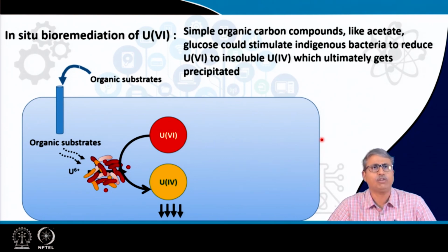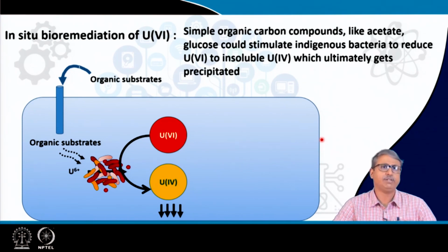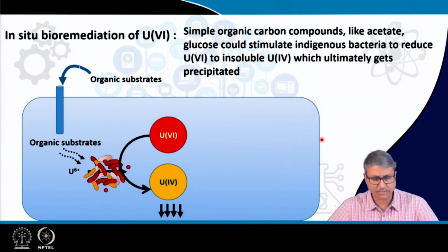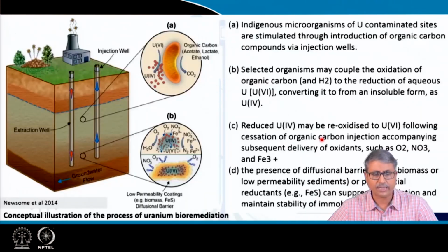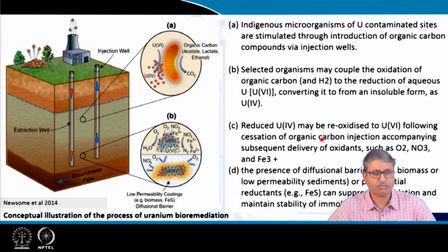The basic logic was to activate the iron and sulphate reducing bacteria that can reduce uranium 6. Parallel microbial ecology and microbial diversity studies were conducted in order to identify which organisms are present.